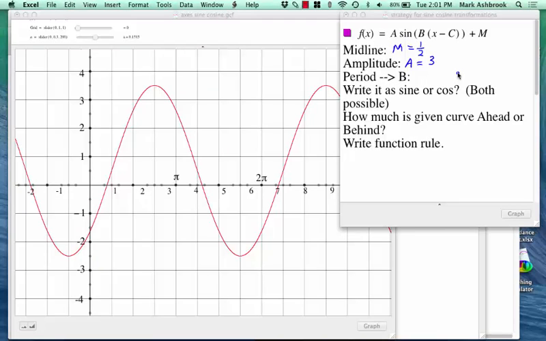Jacob. So how can we pick off the period? What is period? What does it mean? The amount of time it takes to make one full rotation, the interval of input to get one full cycle. So how can we figure out what that is?